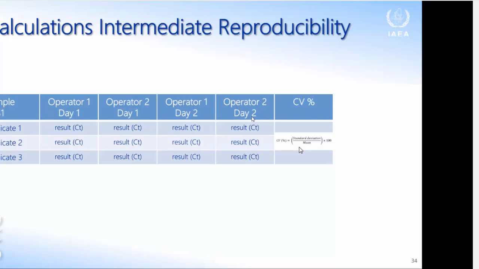All these 12 results will be included as a data set to calculate the coefficient of variation. The acceptable level, or the assessment of a good intermediate reproducibility, would be a coefficient of variation, or CV percent, lower than 5%.